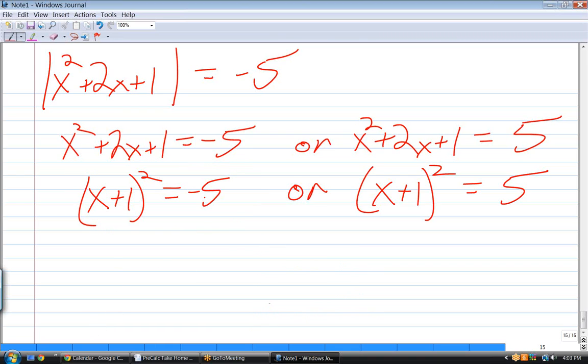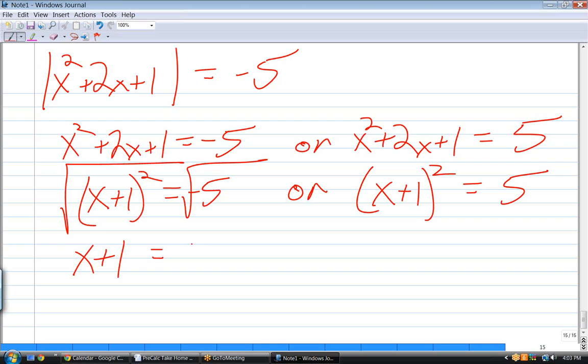Notice that over here, the next step is to try to isolate x plus 1. So I'm going to take the square root of both sides. What's that leave on the left? X plus 1. What's it leave on the right?